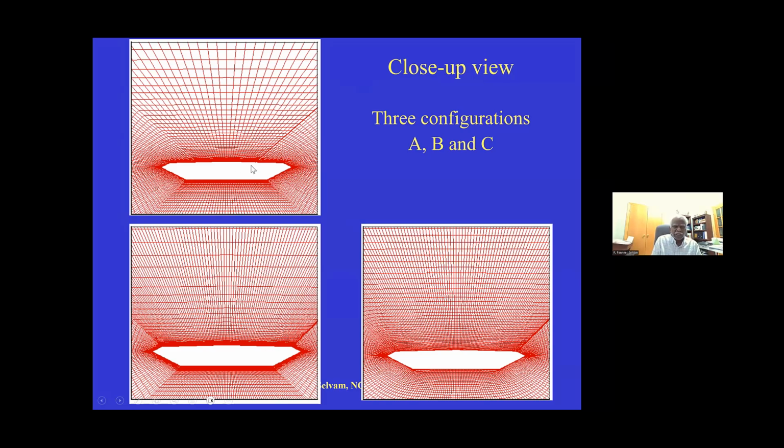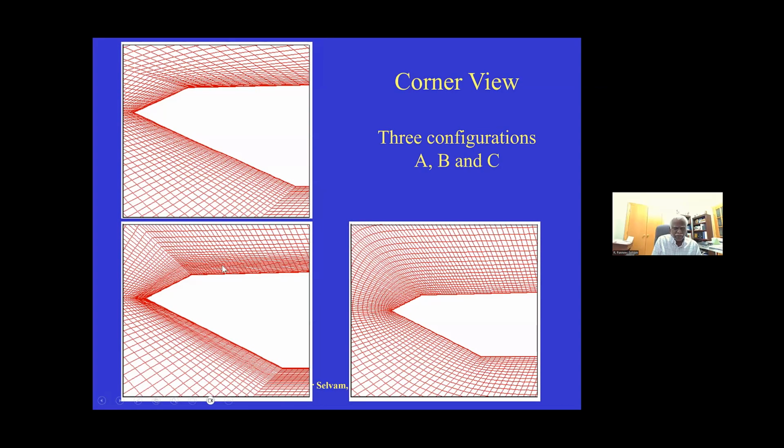Now you can see the smallest grid spacing, how much it is there. We also used, in later stages, adaptive finite element methods and other things. We have publications, but because of lack of time, I am not bringing them for discussion in this workshop.